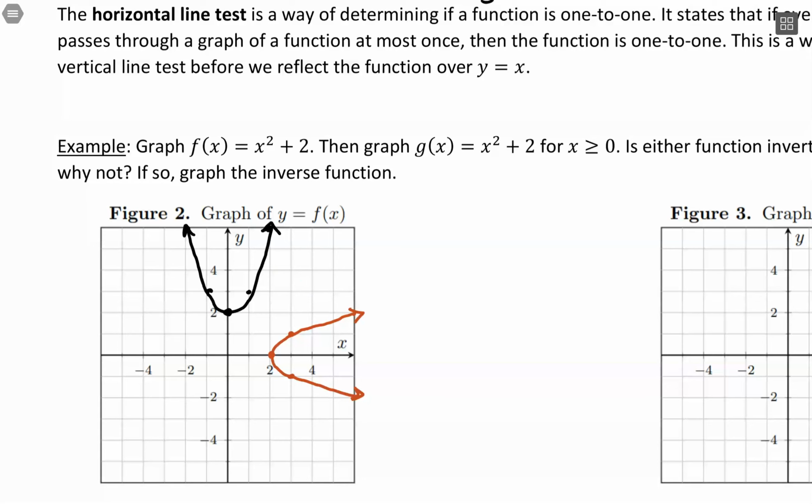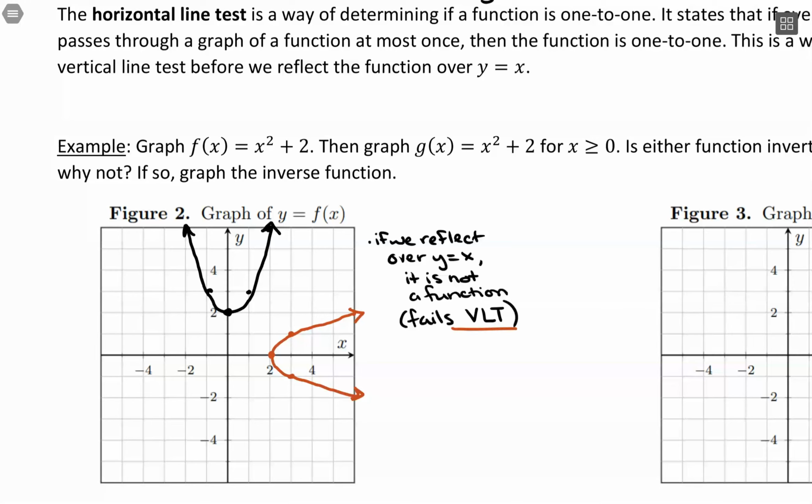So some things that come through here: if we reflect over y equals x, it is not a function. And that's because it fails the vertical line test. And that's for the red line that we're looking at.